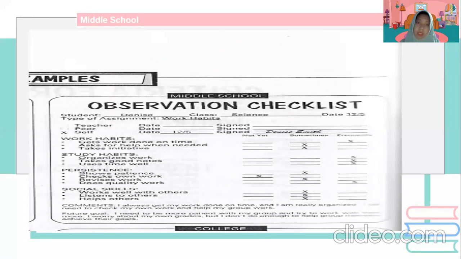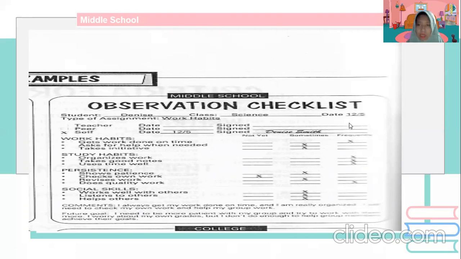He attends a science class, and he did the observation on 12th of May. The type of assignment is work habits. Dennis put a cross X in the column of self, put the date, 12th of May, and signed his name, Dennis Smith. After finishing, he put a comment at the bottom and his future goal.